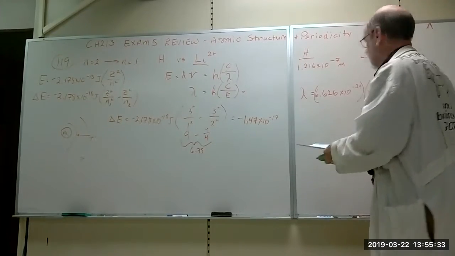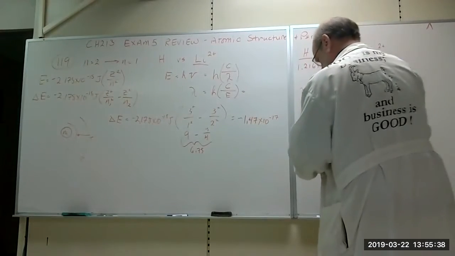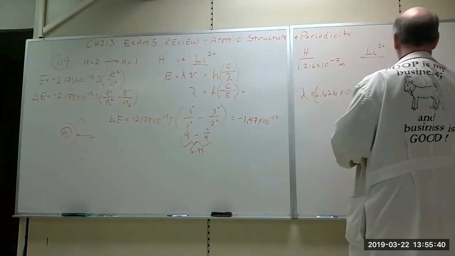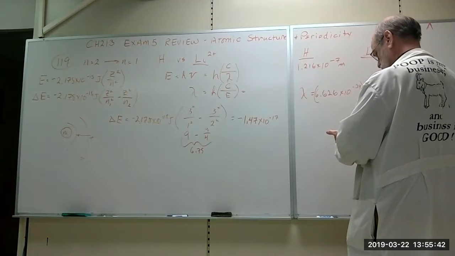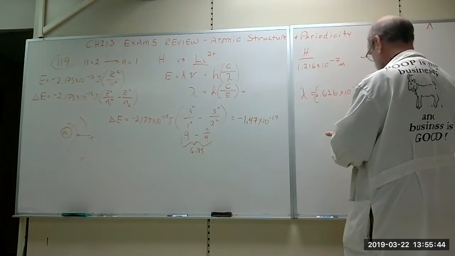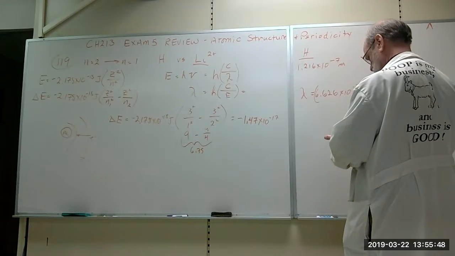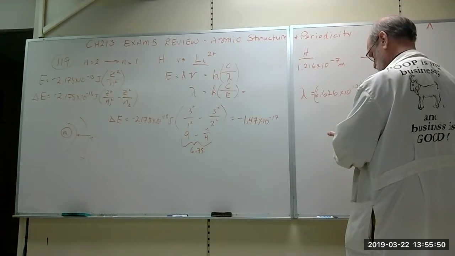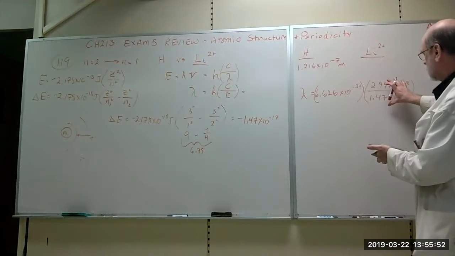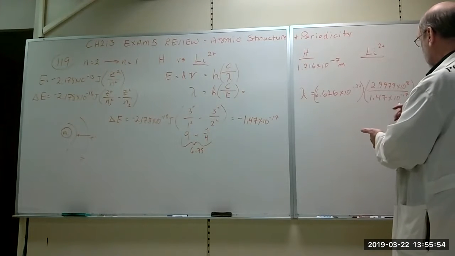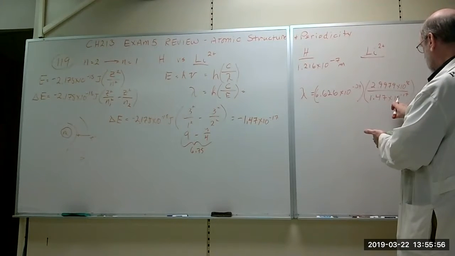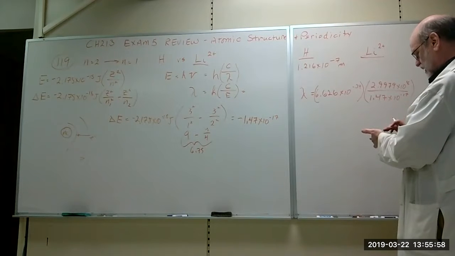Yeah. Okay, now let's see if I got that right. 2.9798. And I'm going to multiply that. No, I'm going to divide that by this number.